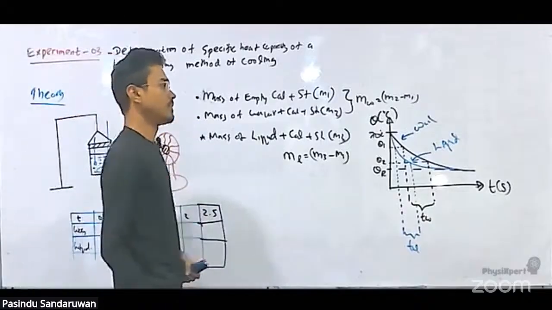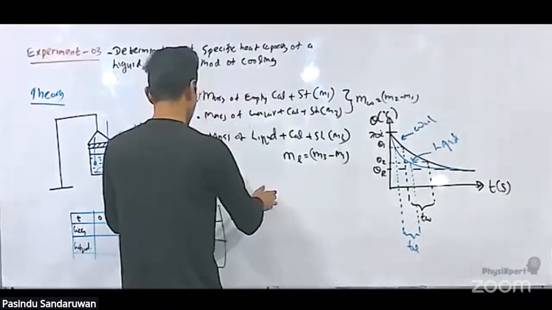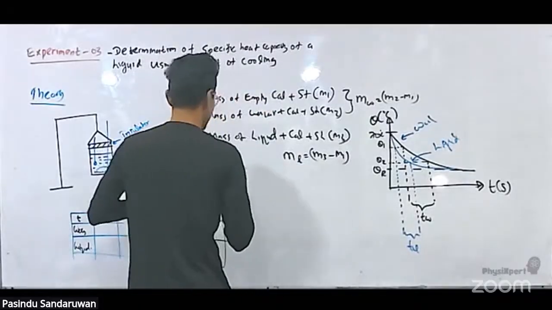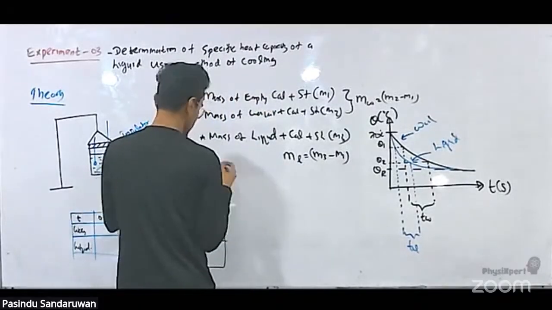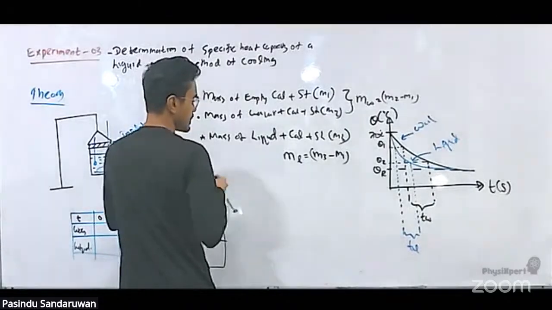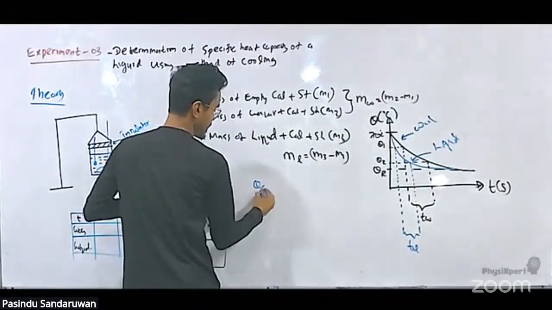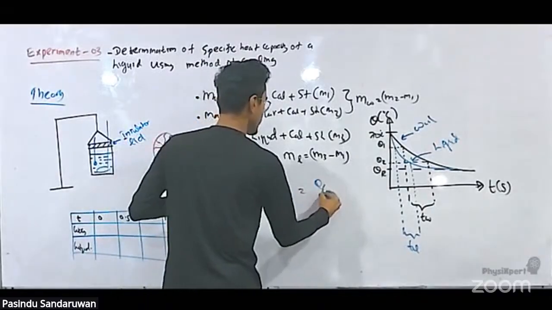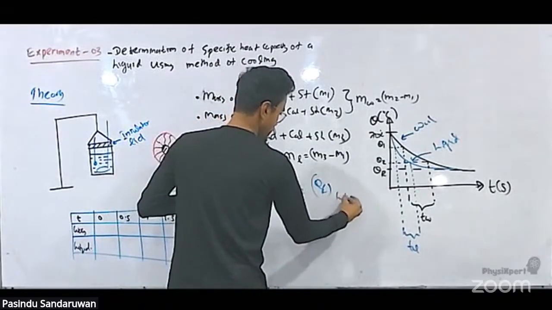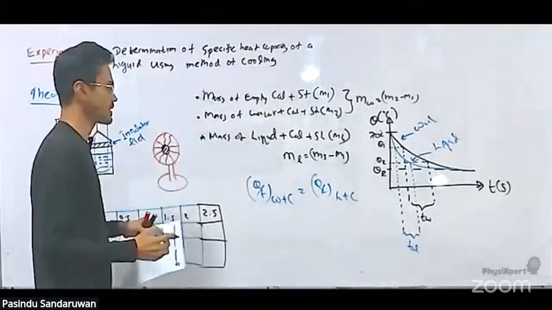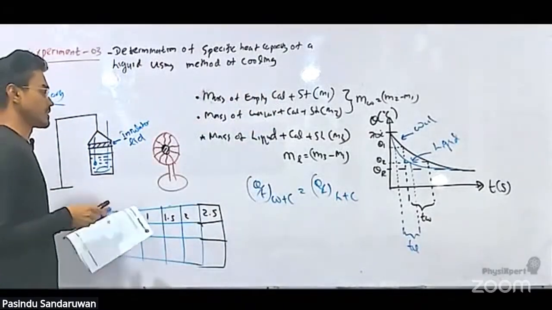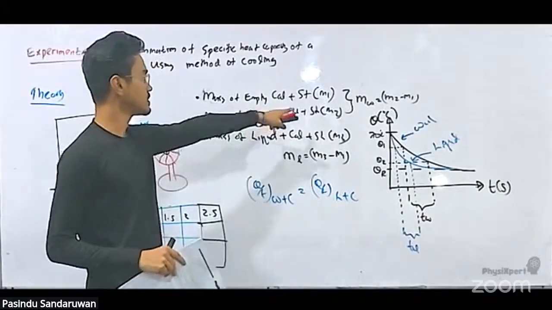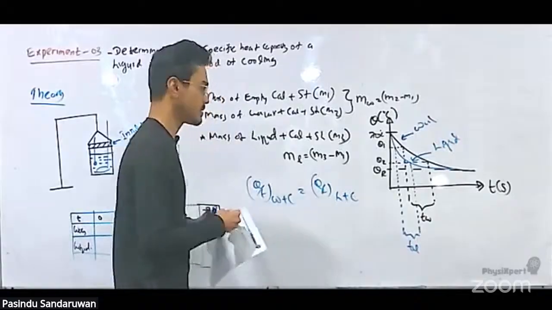Now we are going back to our logic. Heat lost by water plus calorimeter equals heat lost by liquid plus calorimeter. For water and calorimeter, mass of water is M2 minus M1.